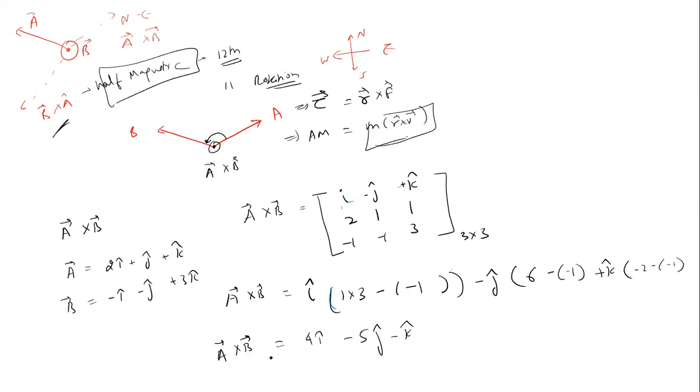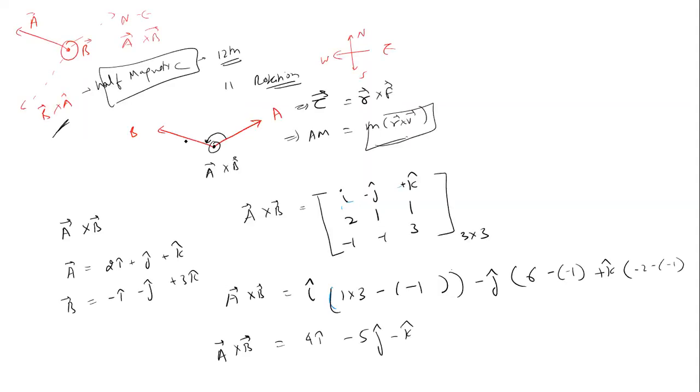It is A cross B. Now if in the problem we have only I cap and j cap, like one student asked me, say A vector is I cap minus j cap and B vector is say I cap plus j cap. We can assume anything. Then how can we use the matrix method? Again, you can use the matrix method.